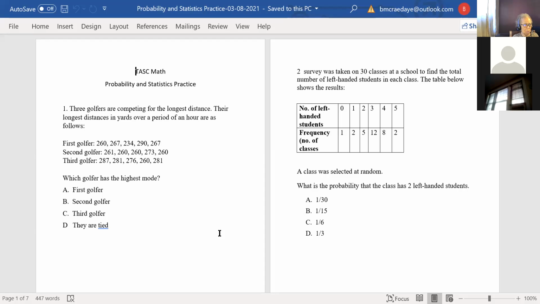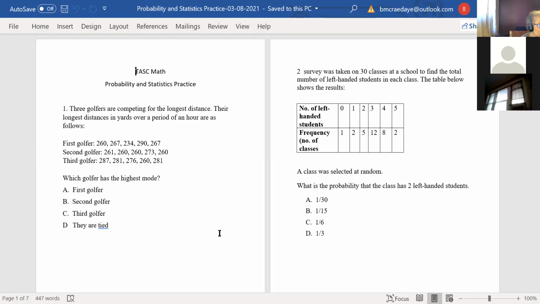So which golfer has the highest mode? Okay, let's see. 260, 267. The third. And what is this mode? The third golfer's mode is what? 260.